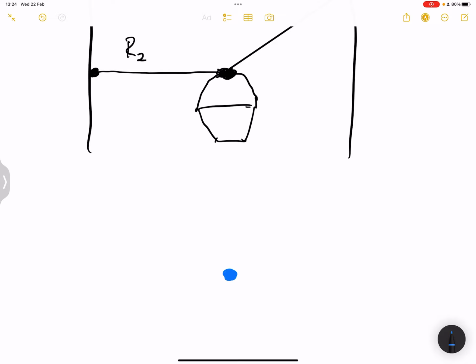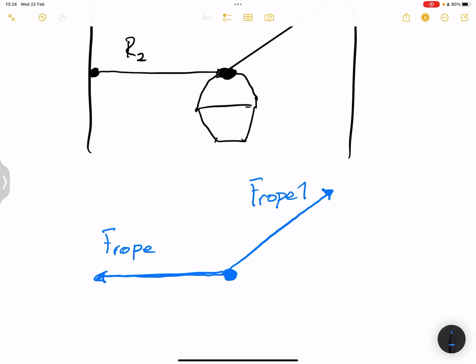First of all, there would be the force that is exerted by rope 1. But we also know that there'd be another force exerted by rope 2 in that direction.